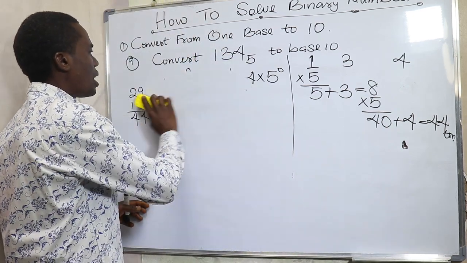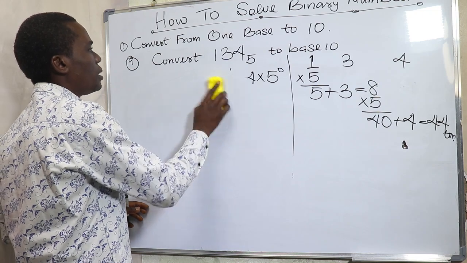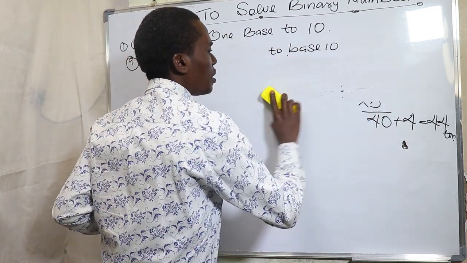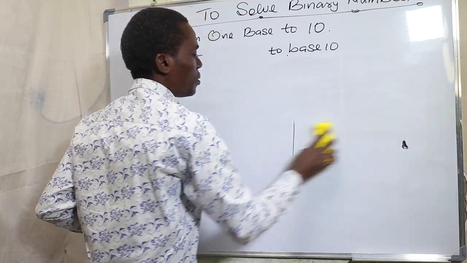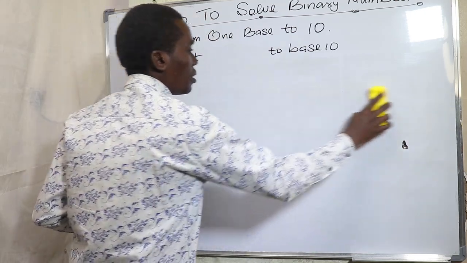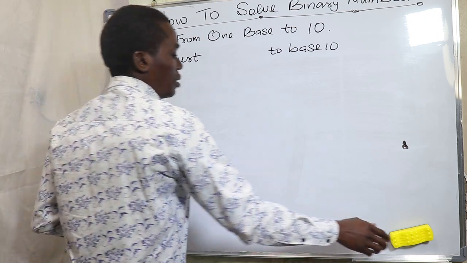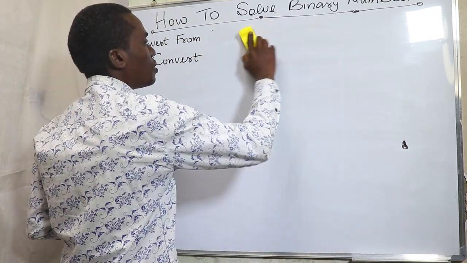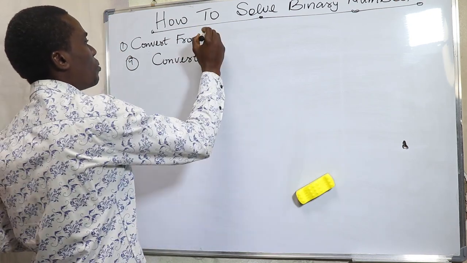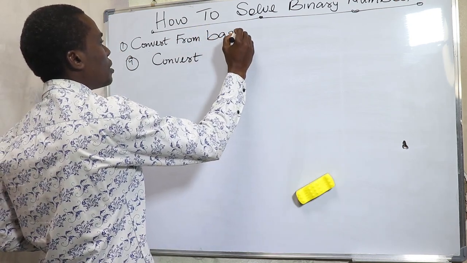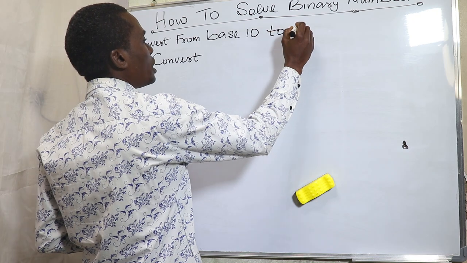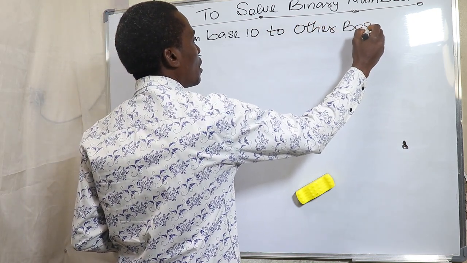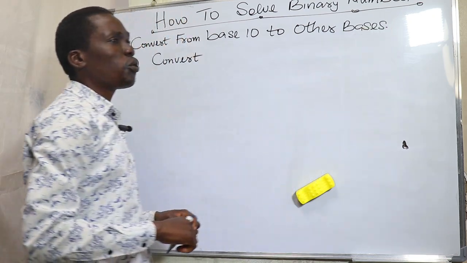We're going to look at how we can convert from base 10 to other bases. So we'll just look at one example.